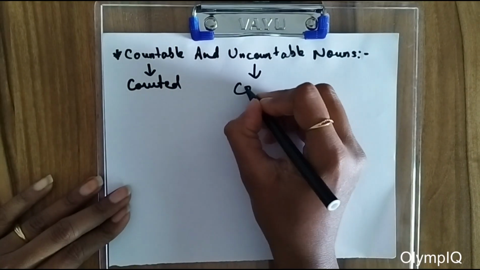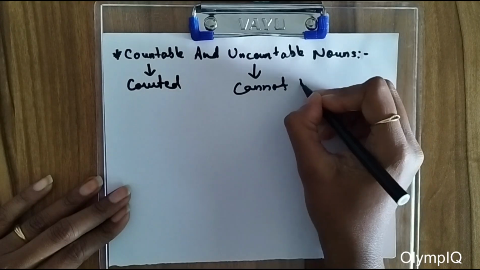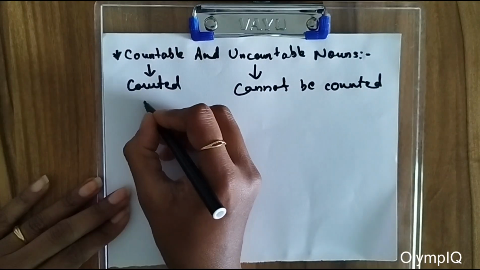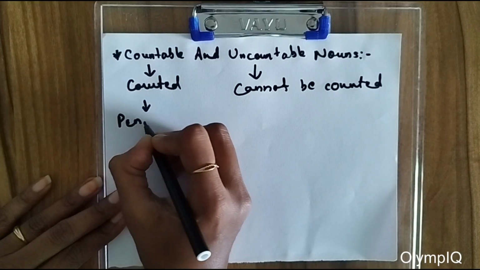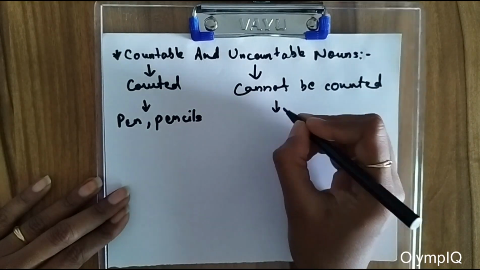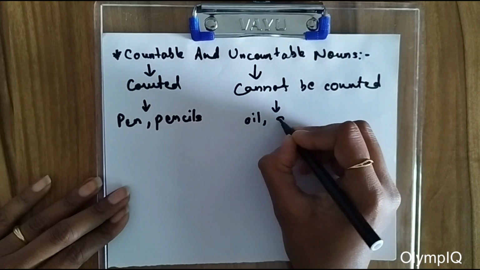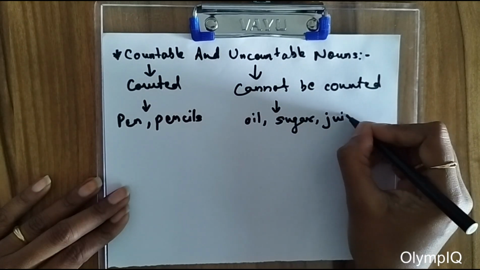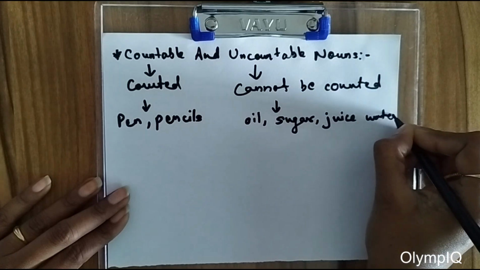Okay, so under countable, it is counted. These cannot be counted. Okay, so examples would be pen, pencils. Here it is oil, sugar, then juice, water.